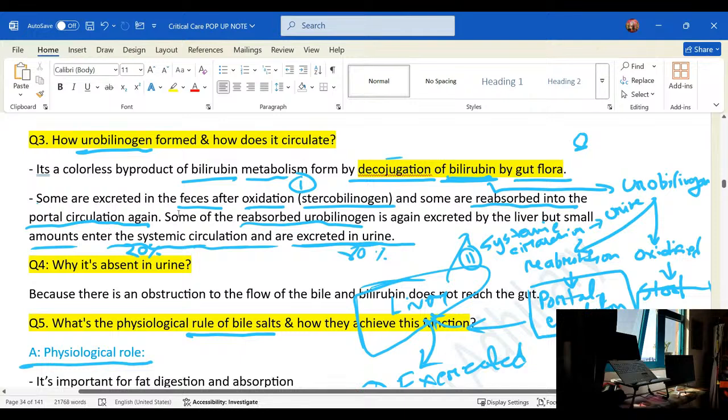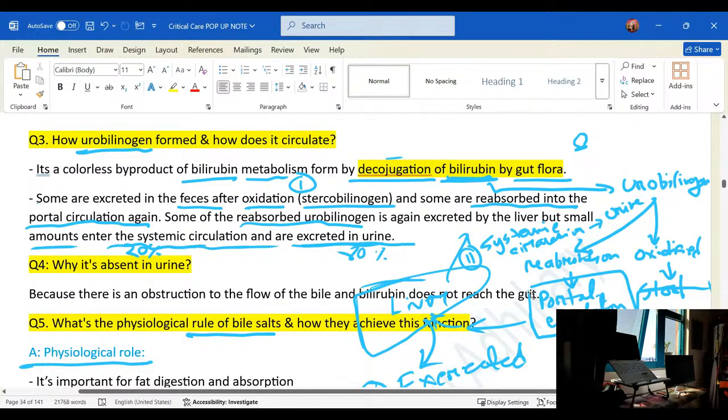Some is excreted in the feces after oxidation, forming stercobilin. Some is reabsorbed and enters the systemic circulation, and some enters the renal system and is excreted with the urine.